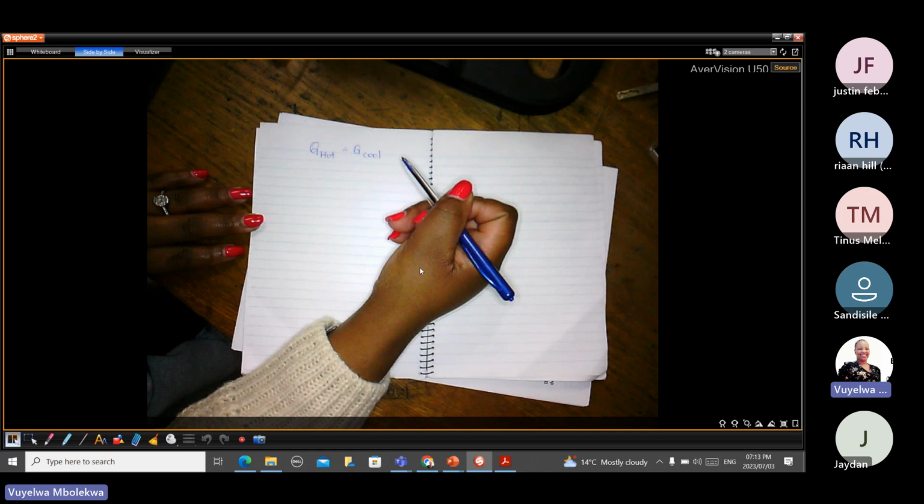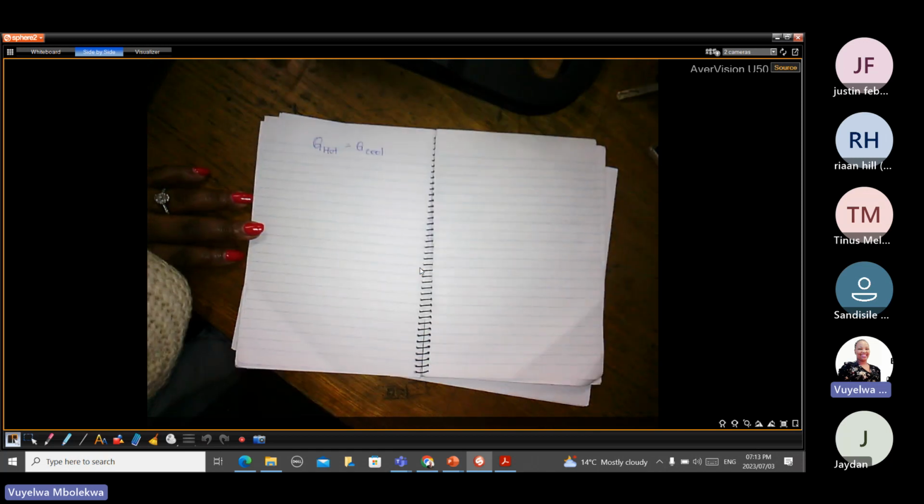But now at N3, they might include 3 substances instead of 2. So maybe they would say hot steel bars are being put into water to cool them down. But this water is in a copper container. So now you've got the copper container plus the water that is going to receive the heat from the steel bars.